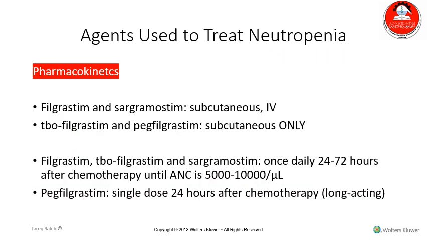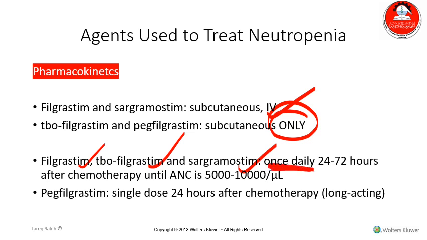And for that, filgrastim and sargramostim can be given intravenously, while tbo-filgrastim and pegfilgrastim are only used subcutaneously. And the way that we administer them is that all these drugs, filgrastim, tbo-filgrastim, and sargramostim, are given once daily, 3 days after chemotherapy is given to the patient.